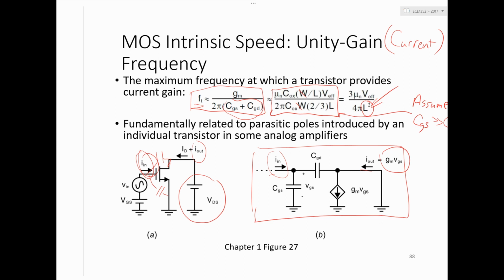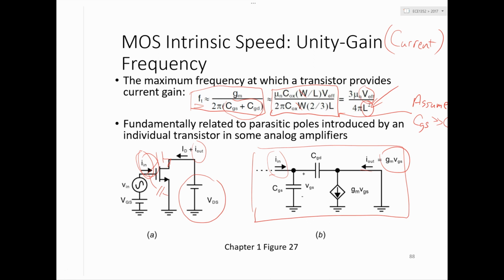The second interesting thing you see is that the V effective shows up in the numerator. So why is that? Well, it's basically just saying that for a certain amount of drain current, obviously you're going to be better off if CGS is small, which means you're going to want W to be as small as possible as well. Basically, all this expression is saying is make that transistor as small as you can, right?